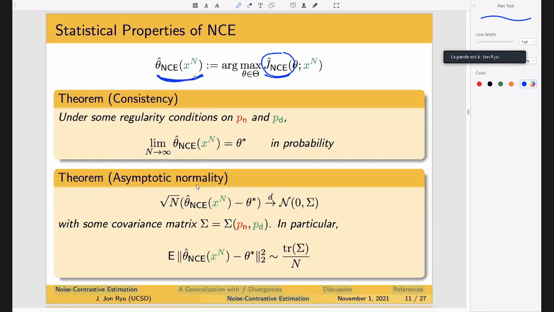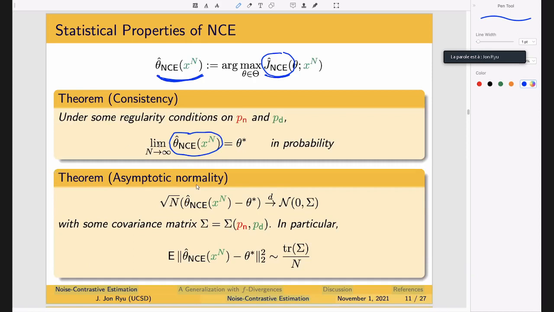And there are some theoretical performance guarantees in terms of asymptotic consistency and asymptotic normality, in parallel to those of the maximum likelihood estimators. What I meant is that under some regularity conditions on the noise distribution and data generating distribution, we can show that this theta hat NCE converges to the desired parameter in probability. That is the asymptotic consistency we can establish.